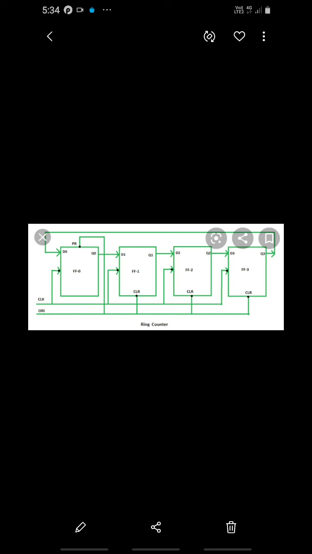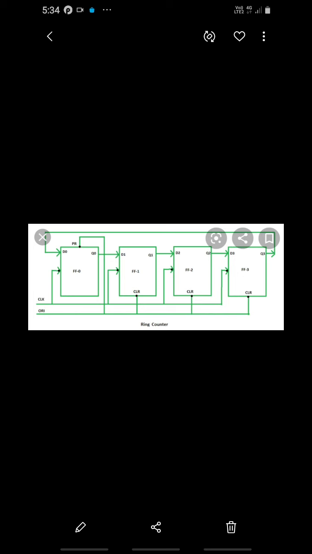So now the operation of the ring counter. In most instances, only a single 1 is in the register and is made to circulate around the register as long as clock pulses are applied. Initially, the first flip-flop is preset to a 1.